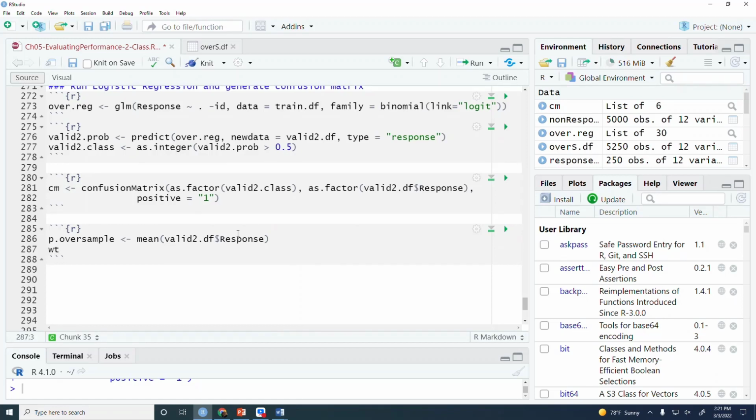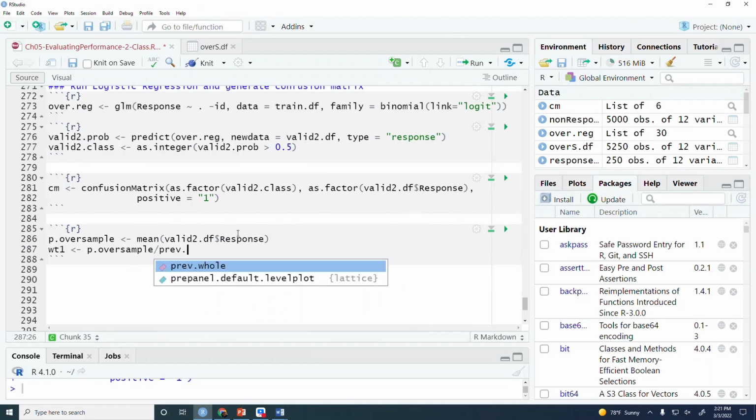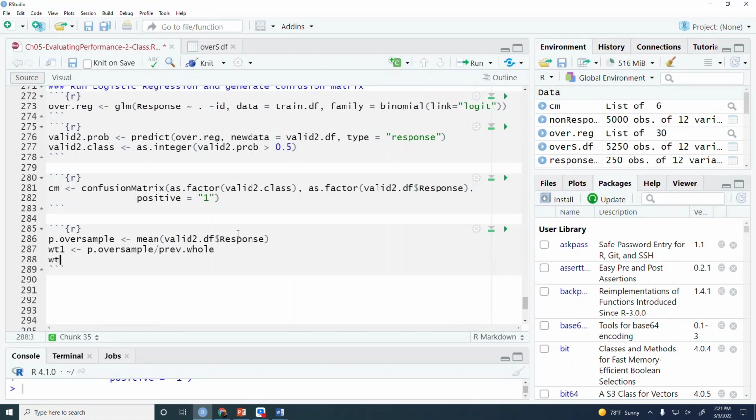Then we can say the weight for 1 is P of oversample divided by prevalence.whole. So that will give you the weight for class 1, and for the weight for class 0, you need to do 1 minus of each.